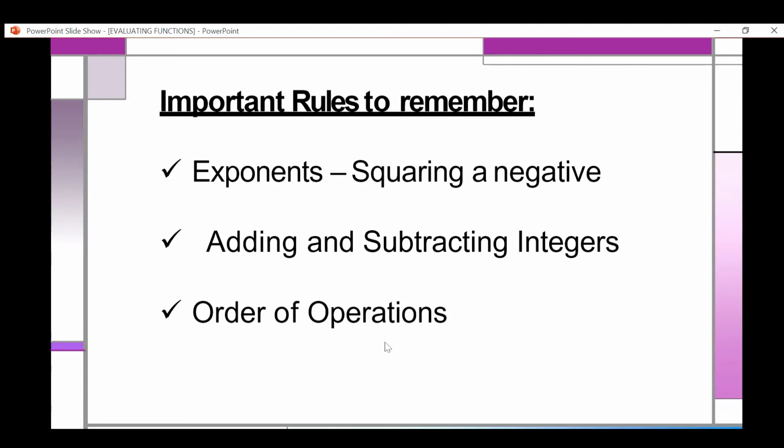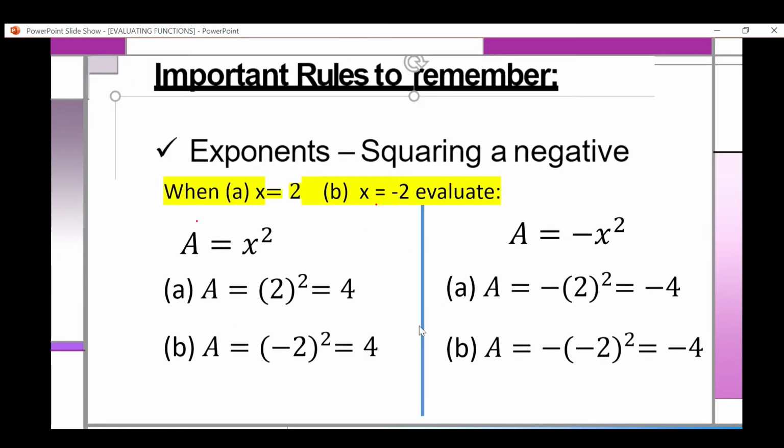Okay, before we have some more examples, let's recall some important math rules to remember. The first one is exponents, or squaring a negative, then adding and subtracting integers, and order of operations. So what to remember in squaring a negative?